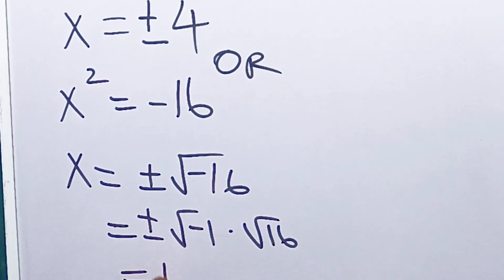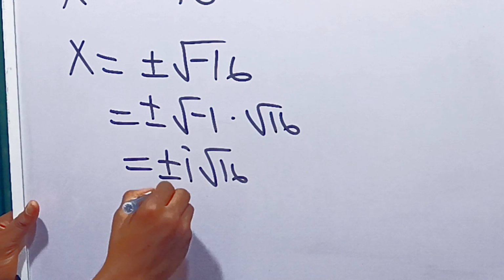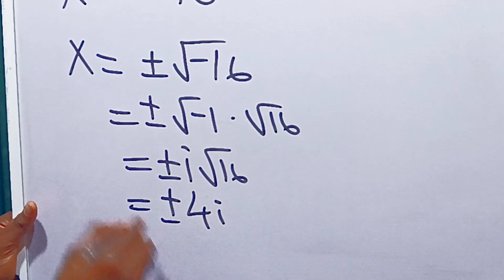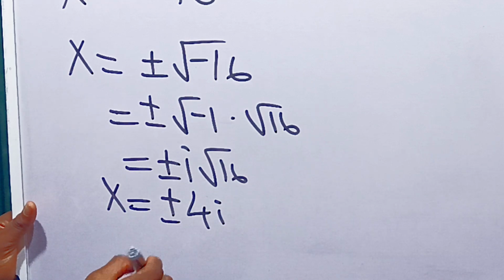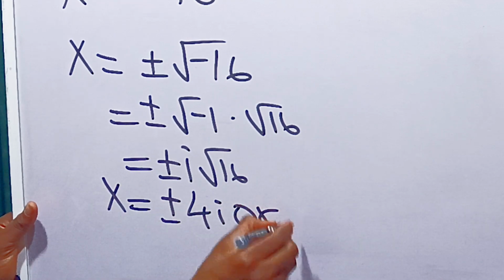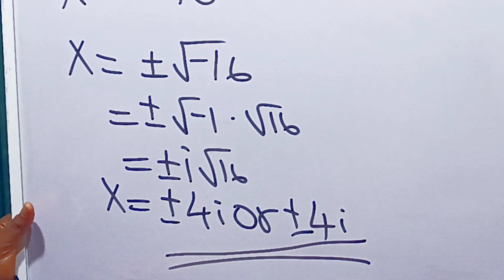This is now equal to plus or minus i root 16, which is equal to plus or minus 4 multiplied by i. Alright, so this is our second x. So it's either that x is equal to plus or minus 4 or plus or minus 4i. Okay, so these are the 4 answers for x in this question.